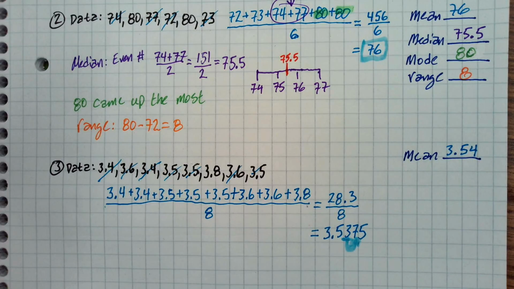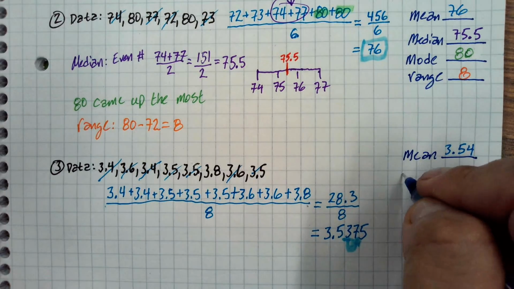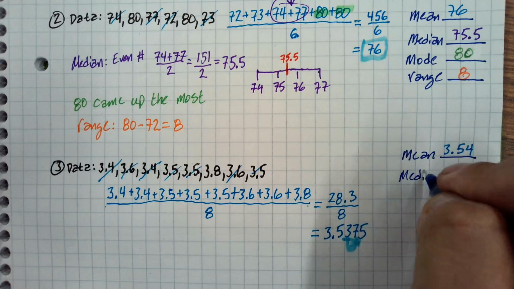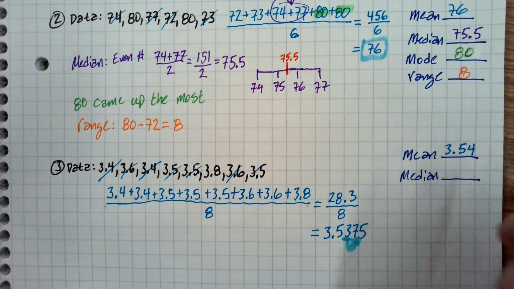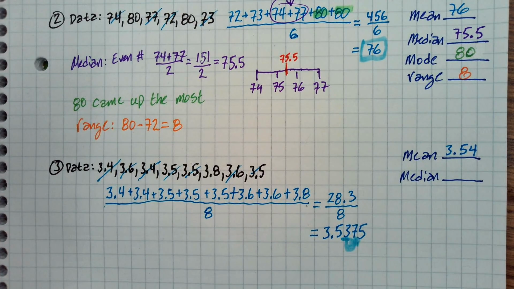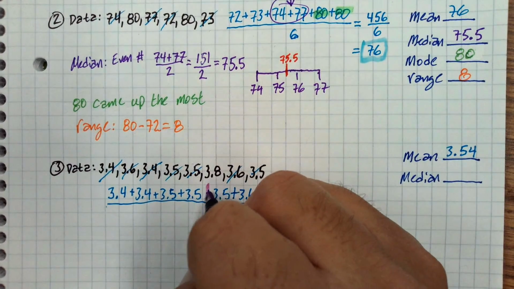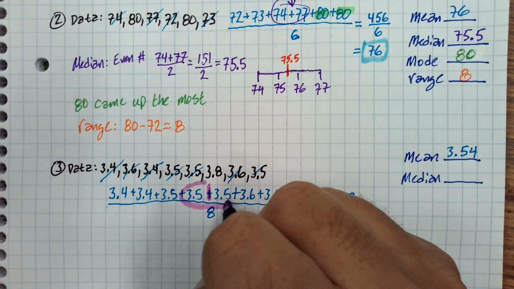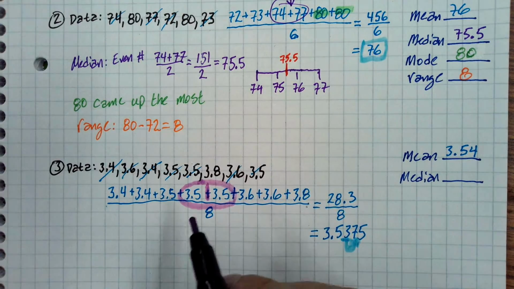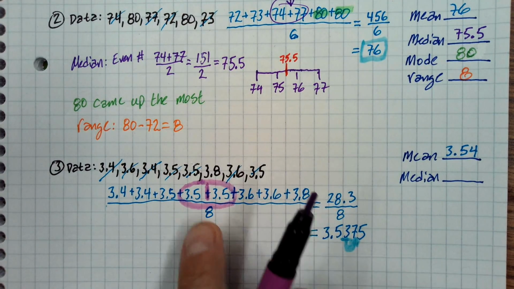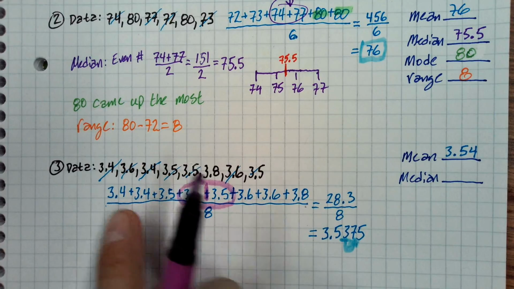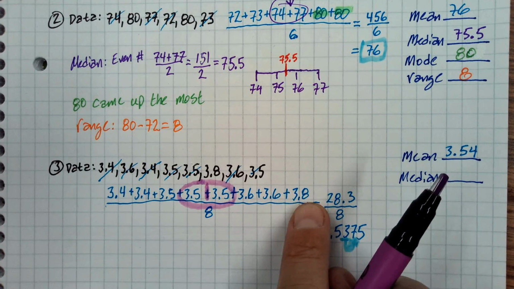Okay, we found the mean. Let's find the median. Again, that's going to be the number in the middle. We got 8 numbers, right? It's between these two numbers. There's 4 numbers this way and 4 numbers that way.